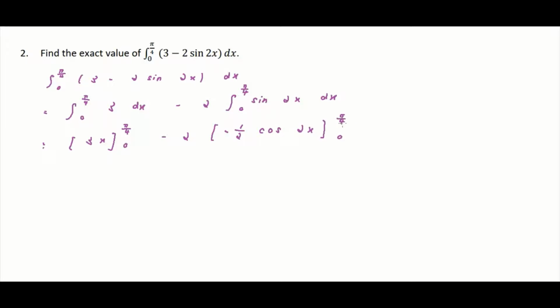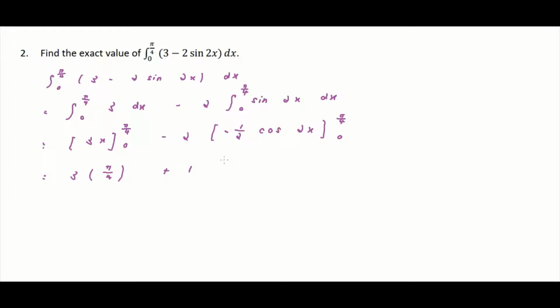Okay, for the first part, you can start to substitute already: 3 pi over 4. Since 3 multiplied by 0 gives you 0, it's alright not to write it. So minus, you can always take out the constant as well, so it becomes plus 1. The 2 then cancel each other.